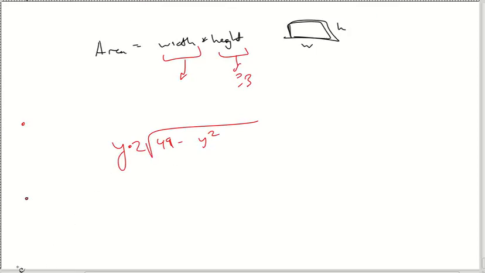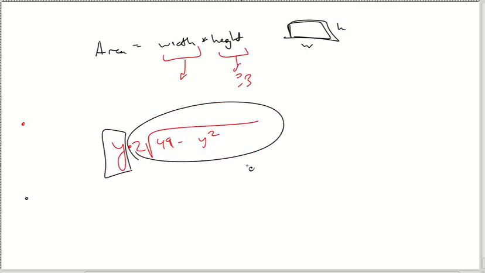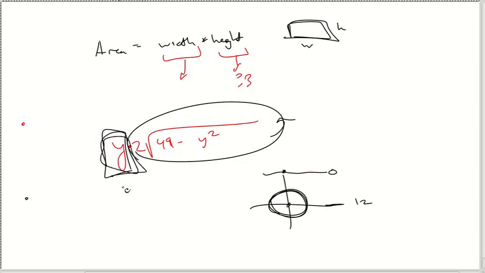Close, close. The problem is that we're not centered here. This is actually centered at 0, and this guy here is centered at 12. If you notice, we have a plain old circle equation, but this depth is actually at 12 depth, where 0's up here. So either you're going to have to take this guy and shift it up so that you're centered at 0, or shift it down, or we can change our height around.